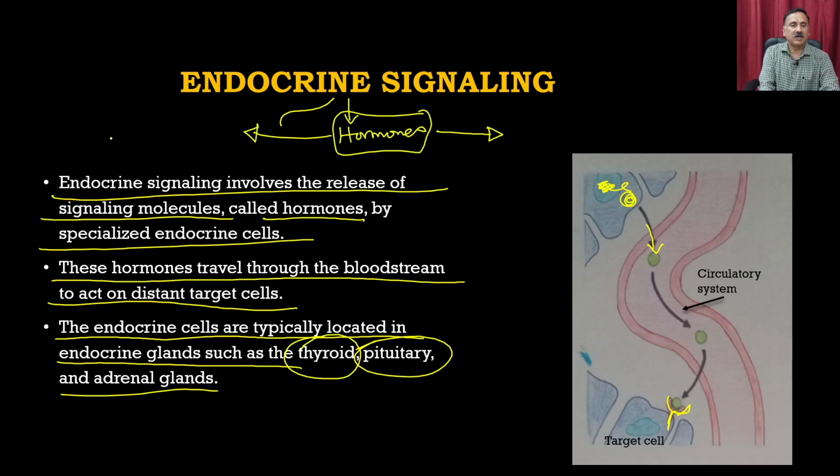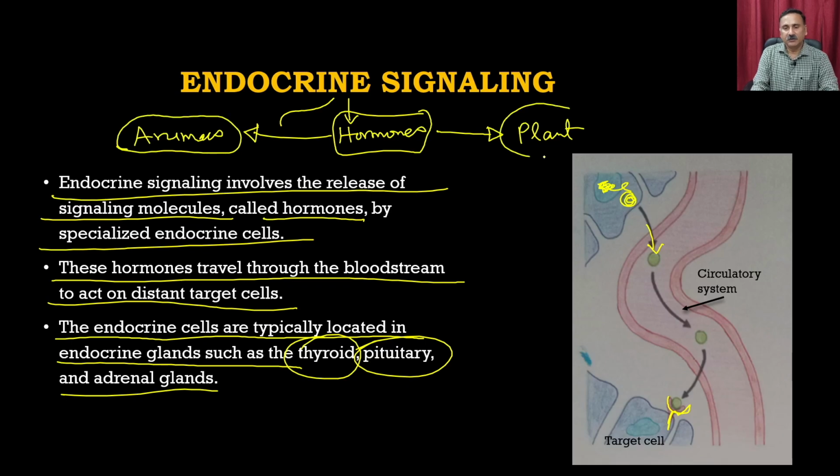Hormones are present in animals, or hormones could be present in plants, and they are regulating different types of activities. They are regulating metabolism, cellular functions, and so on. So in endocrine signaling, first we are going to discuss animal hormones, and second we are going to discuss plant hormones.